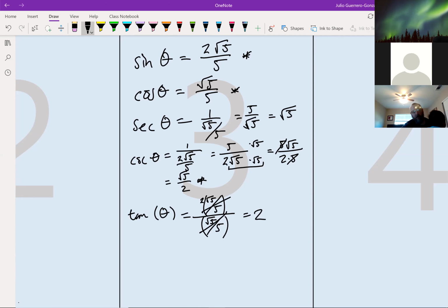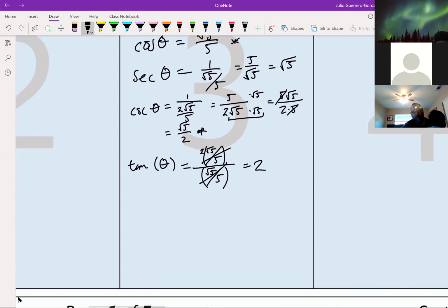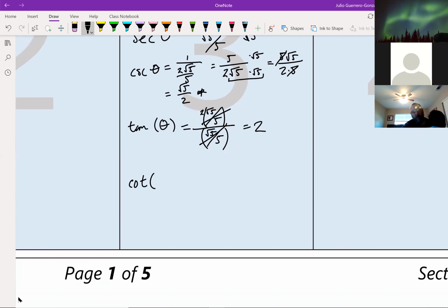Okay, and lastly, cotangent of theta is basically the one for tangent, but flipped. So it's going to be root 5 over 5 divided by 2 root 5 over 5. These two things cancel, as I flipped. That cancels that. 1/2.